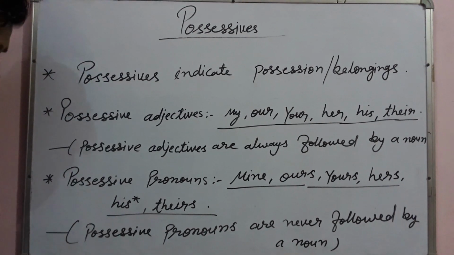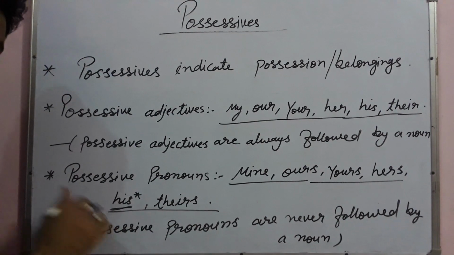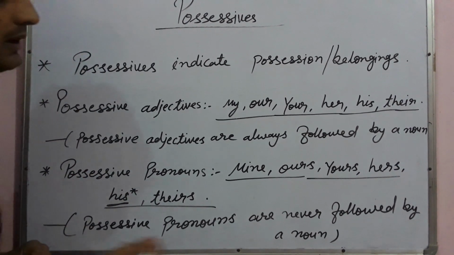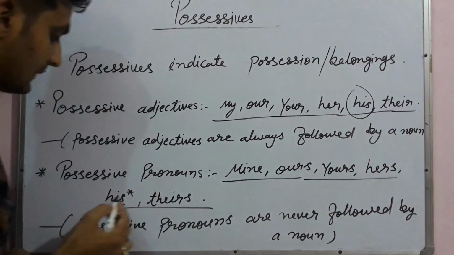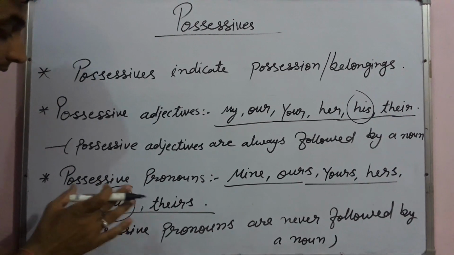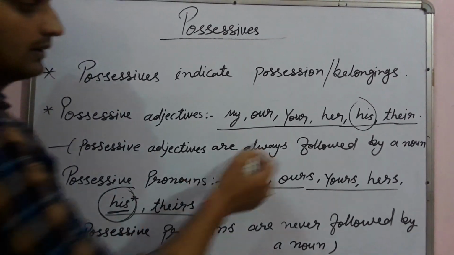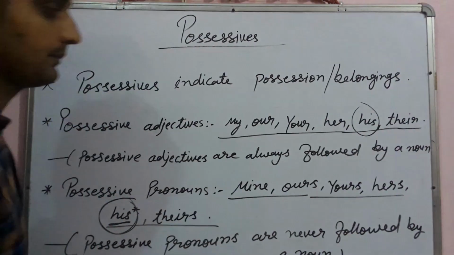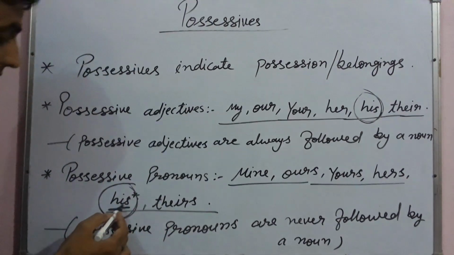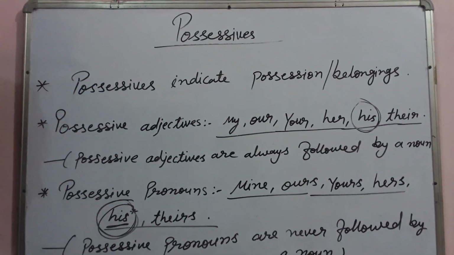On this one I have made a star. It is his because it is same in both categories. In the category of possessive adjective as well as the category of possessive pronoun, the form of his remains same.